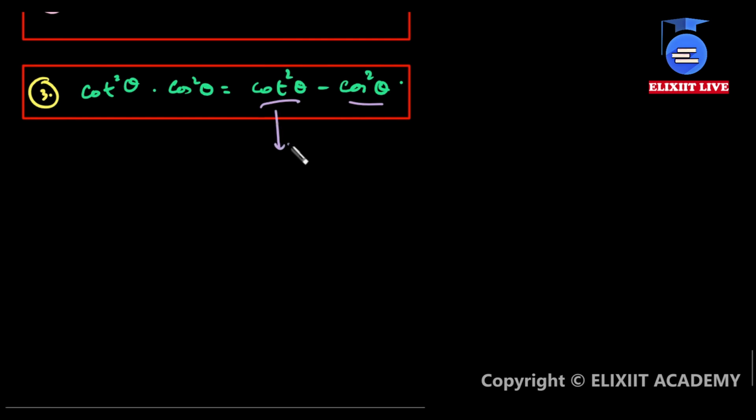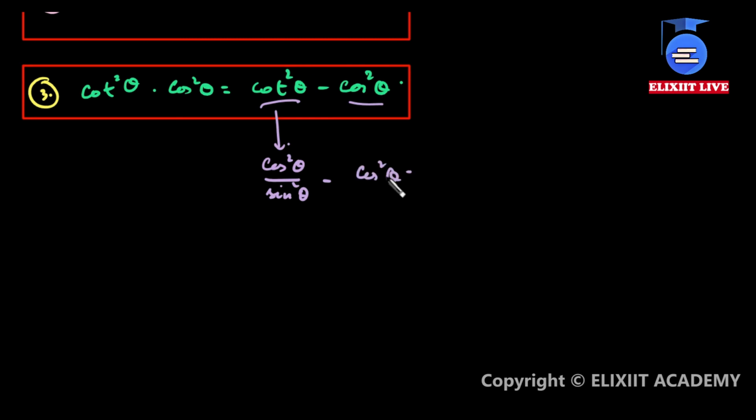So I replace this by cos square theta by sine square theta, and this is cos square theta. If you take the LCM, LCM is sine square theta, and this is actually cos square theta minus cos square theta into sine square theta.